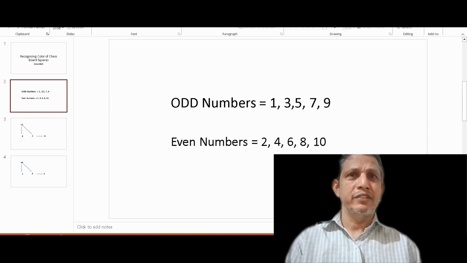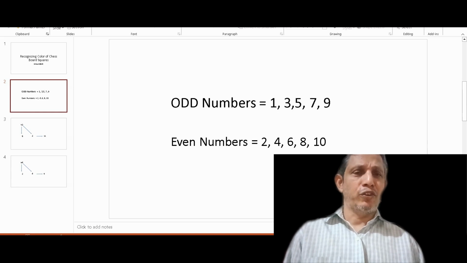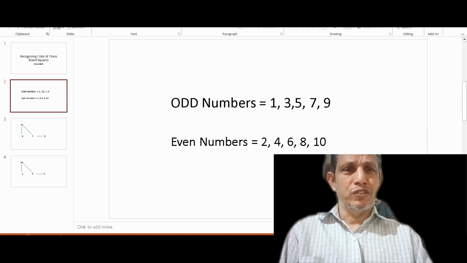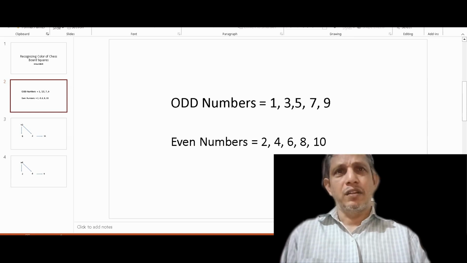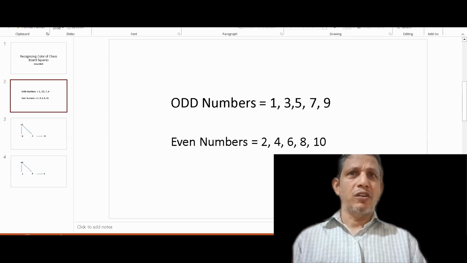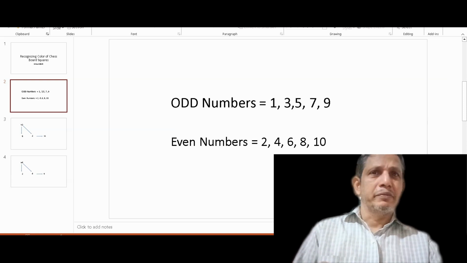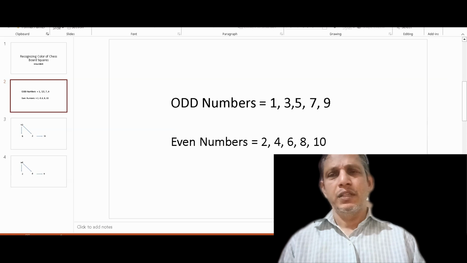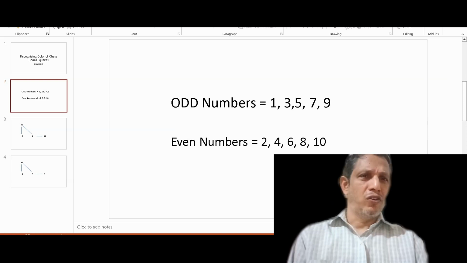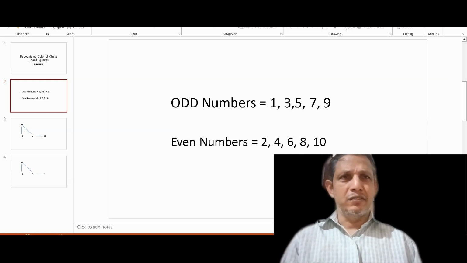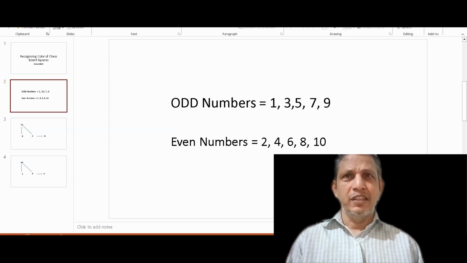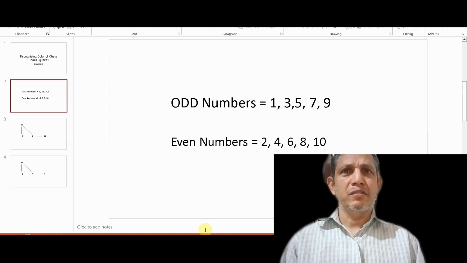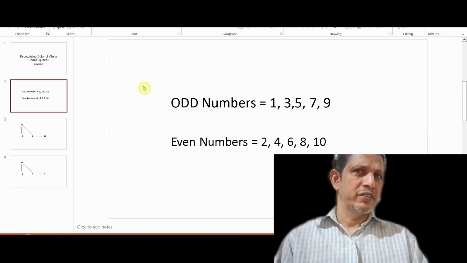For example, if you divide 2, 4, 6, 8, or 10 by 2, the remainder is 0. But if you divide odd numbers by 2, the remainder would be 1. But let's forget everything and just remember these two things, that certain numbers are odd and certain numbers are even.